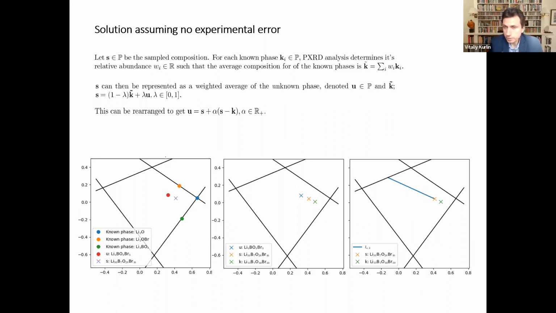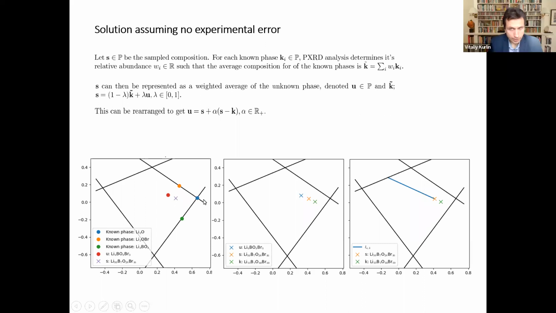Okay, so practically in the lab, we take a composition at this purple cross. Exactly. And then if an experiment is successful, or not, what happens? We're assuming cases where in the lab, they've taken the composition at the purple cross, they've let it reach thermodynamic equilibrium, and then they've analyzed it using PXRD techniques.